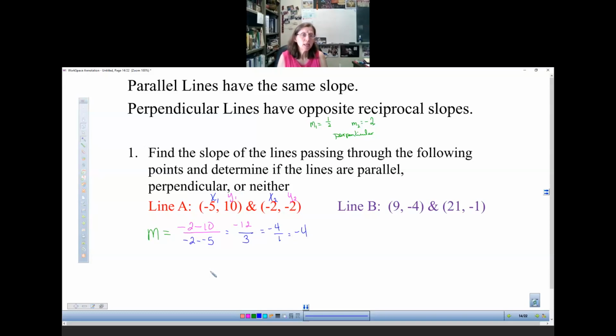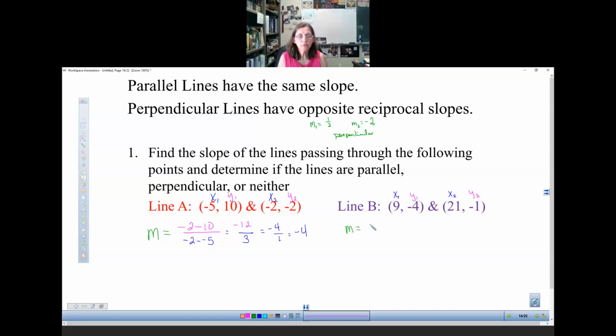Okay, the next thing we're going to do is find the slope for line B. Once again, I'm going to identify these pieces. I have x1 and x2, and I have my y1 and my y2.